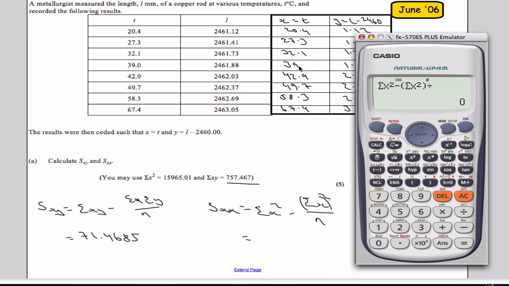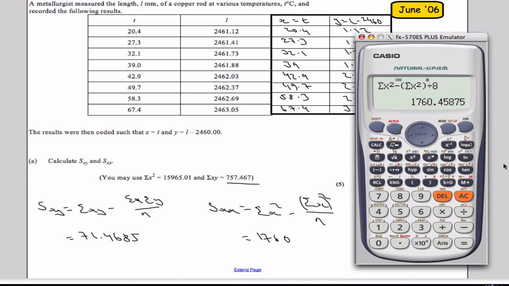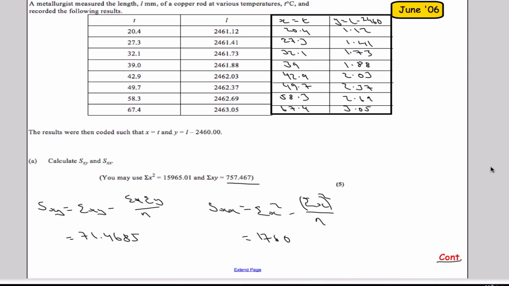Yeah, just double checking there. And we get 1760. Let's go with that. 1760. We might as well do the rest. 45875. 0.45875.